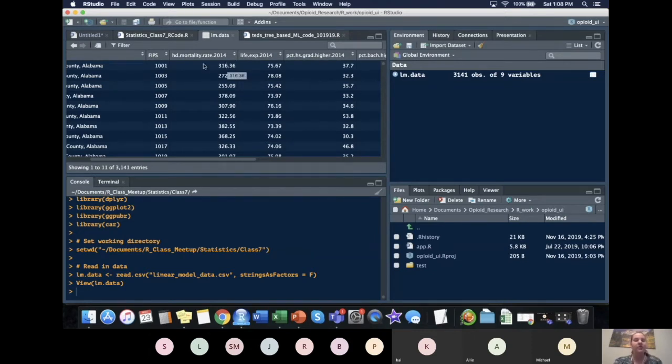If these variables are not, they don't have just 316. That doesn't necessarily mean that it's not continuous if you have 316, but it might be an indication that you would want to look more into it. One example is from an agricultural project that I did, where we had data that was a rank.